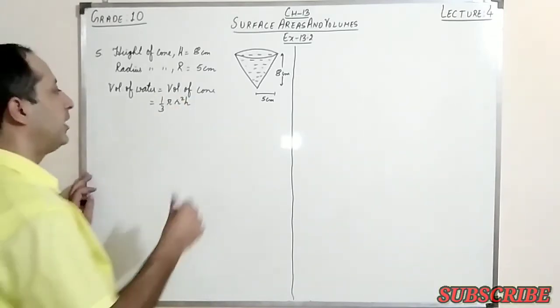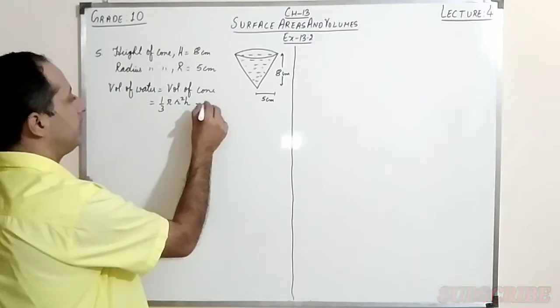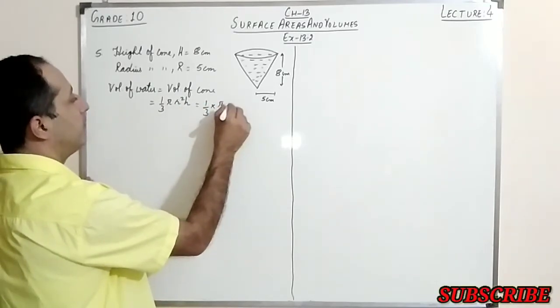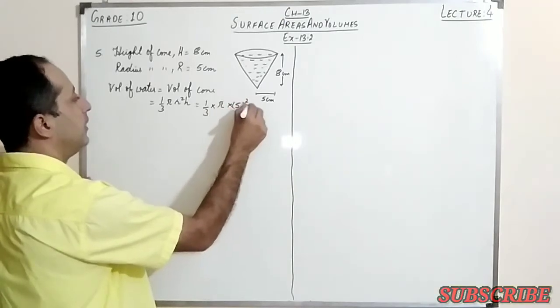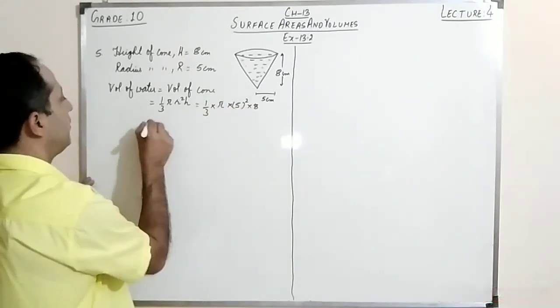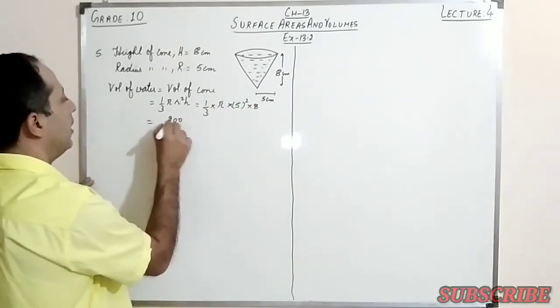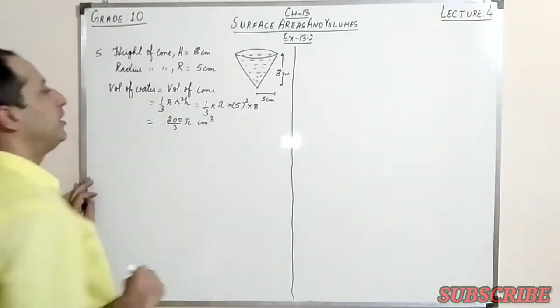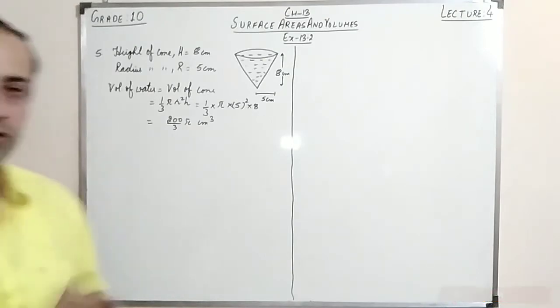We are not substituting the value of pi, just keep the value of pi as it is. So this is 1/3 into pi into 5 square into 8. That will be 200 upon 3 pi centimeter cube. So this is the volume of water inside it.